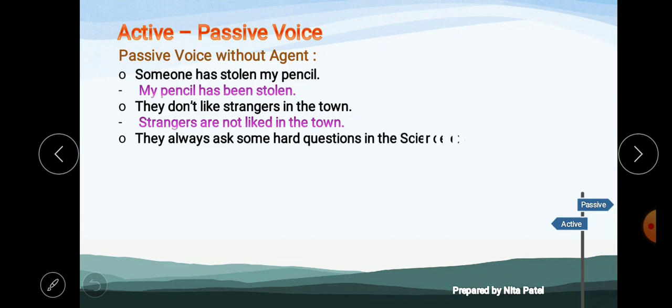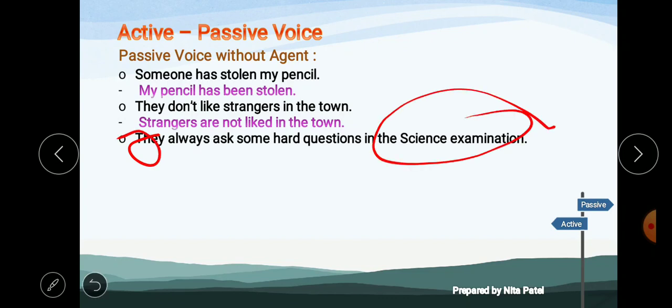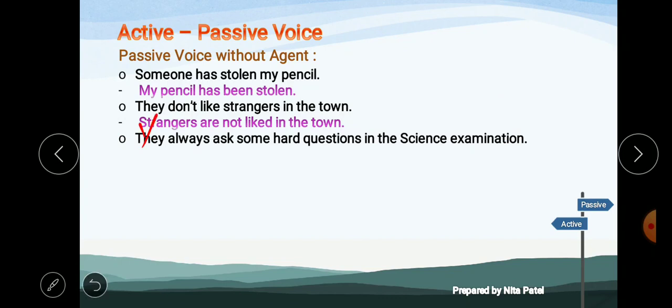They always ask some hard questions in the science examination. Here they refers to the people who are examining. So here we also don't need this. They is given, not a particular person, and if it is not necessary, we don't write it in the passive structure. So that is passive voice without agent. Let's find the object first.